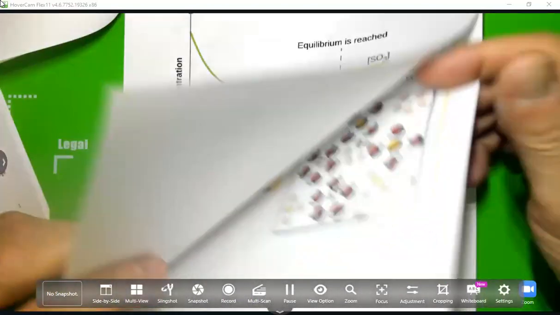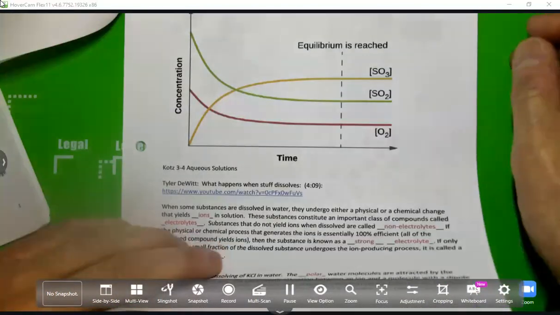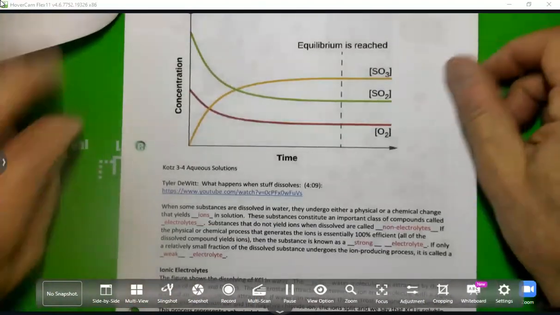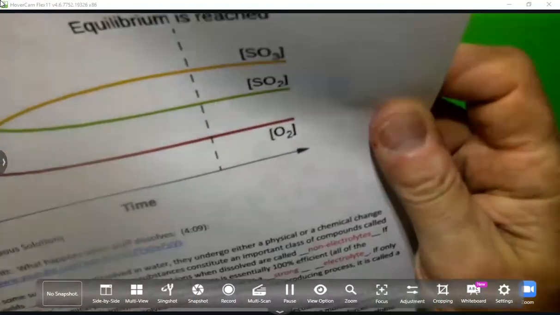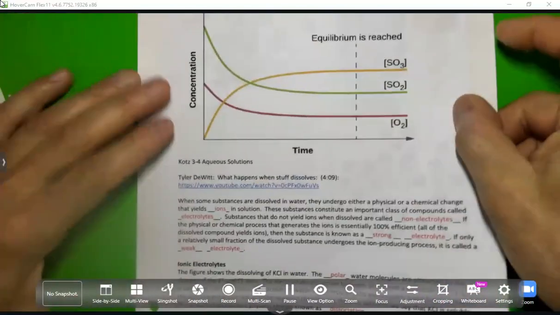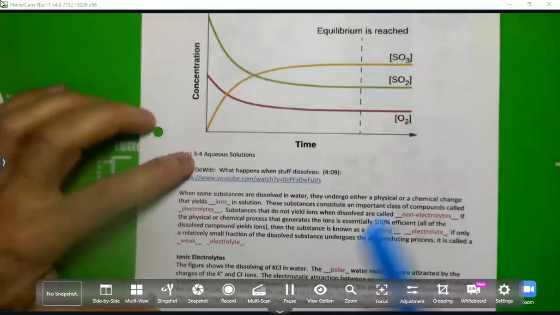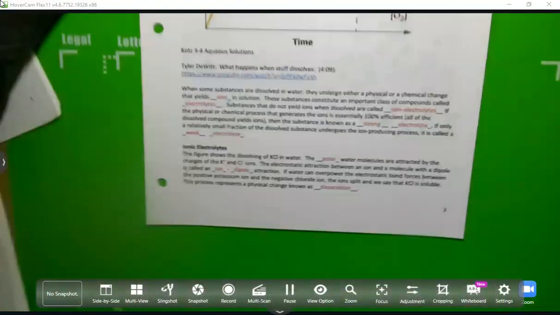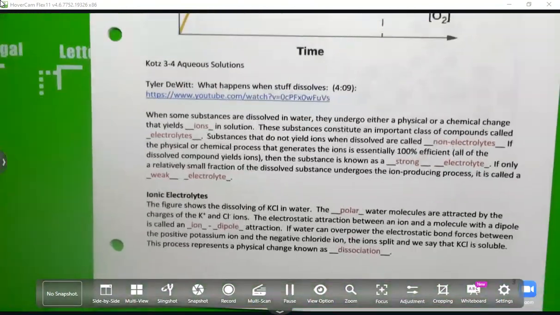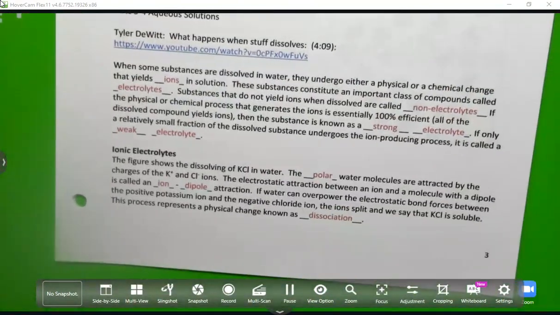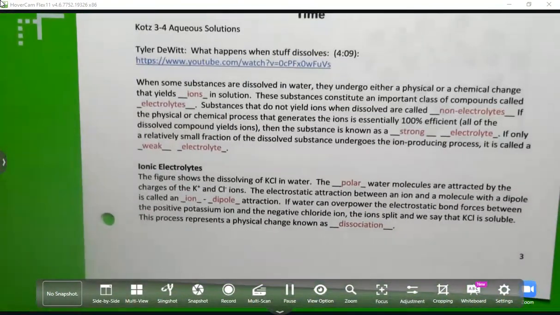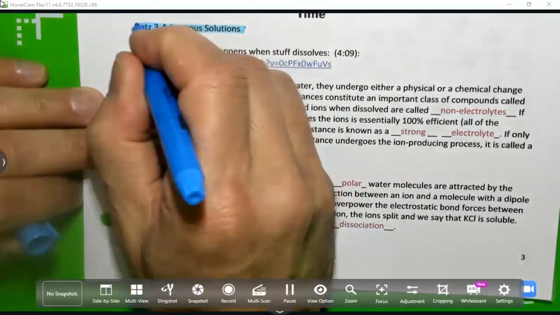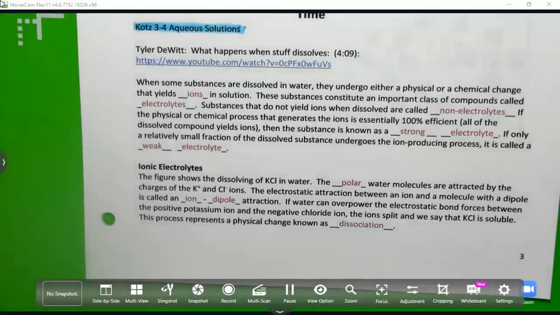And then we're going to start putting numbers to balanced equations, which means we are doing stoichiometry. But the lab pertains to 3.4. So let's talk about 3.4. It makes sense to talk about that first anyway. So 3.4 is aqueous solutions.